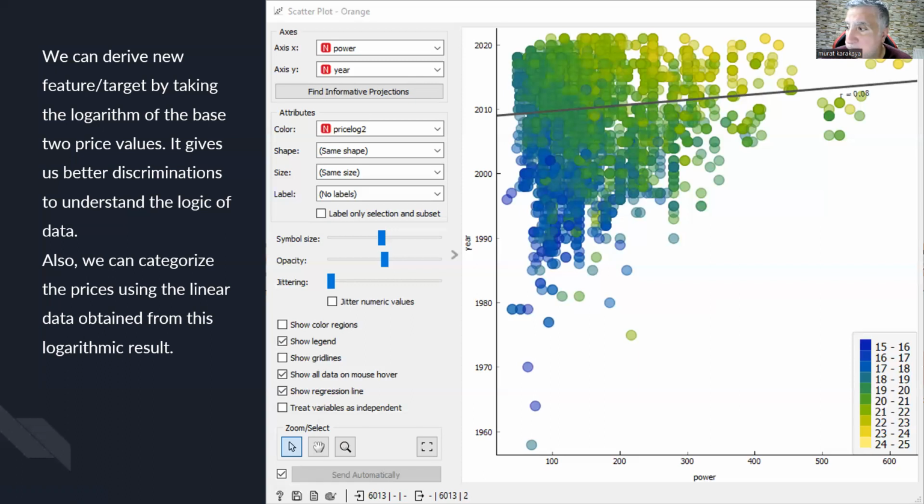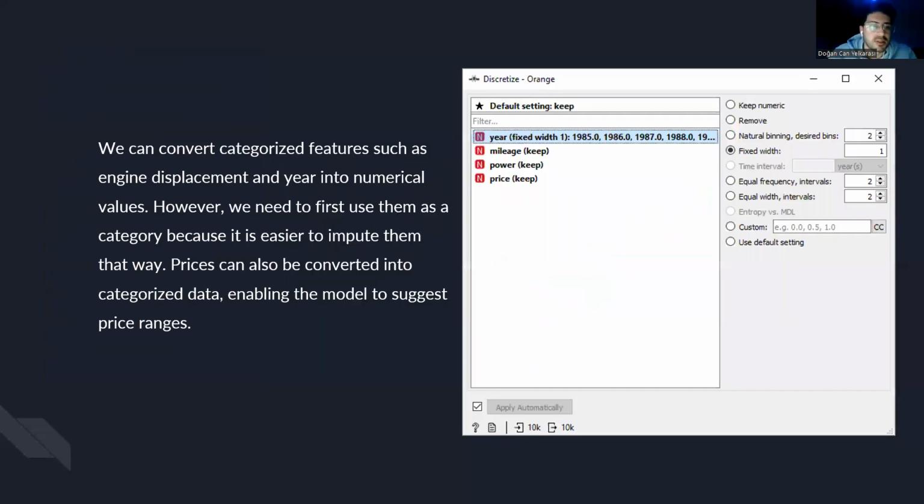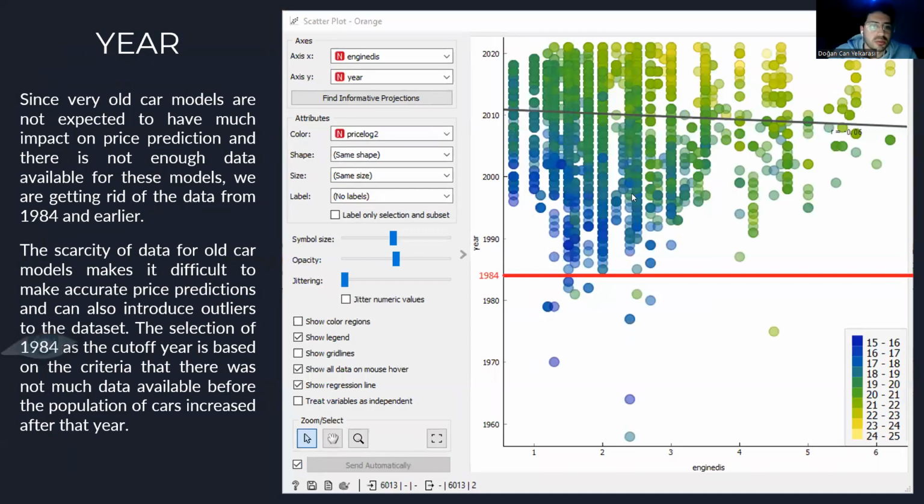Doğan Can? Yeah, actually, in proportion, we will say that in 1960 there was one car, but up to 1980 is where most cars are. We will cut under 1960.